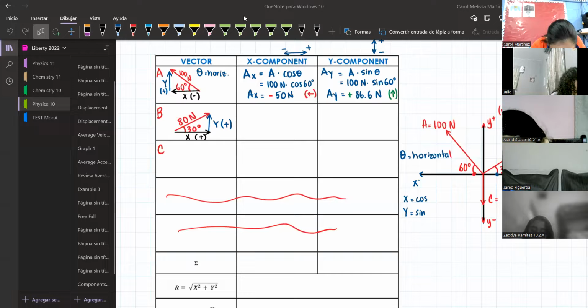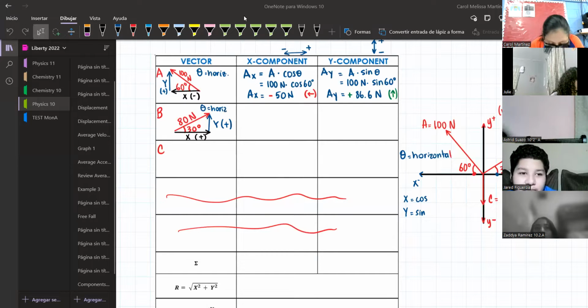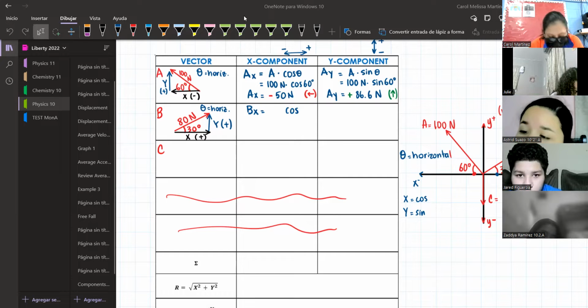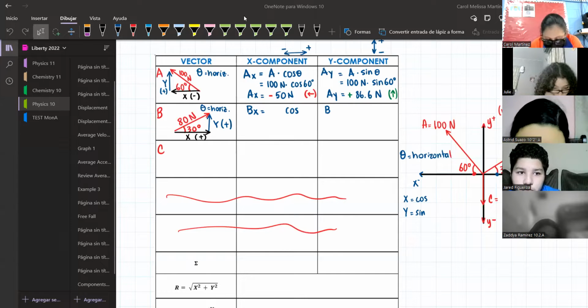So the formula is going to be very similar. Bx is going to be using cosine and By is going to be using sine because of the type of angle that we have, okay? So Bx equals B cosine of the angle, and By equals B sine of the angle. And all we do is replace by the given.